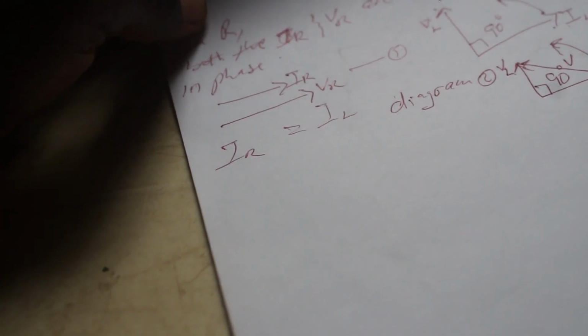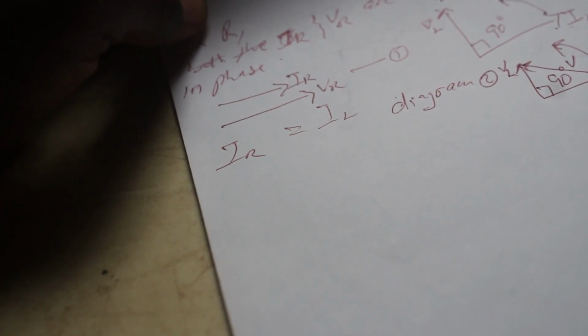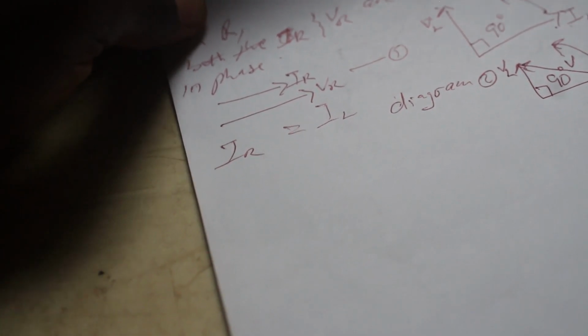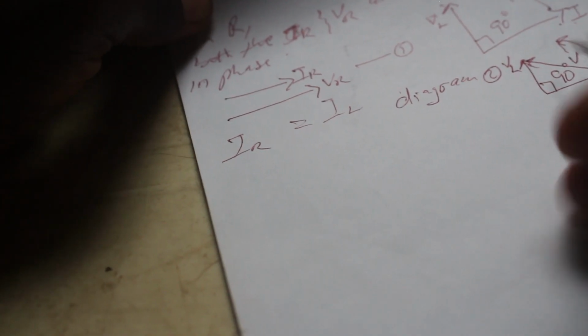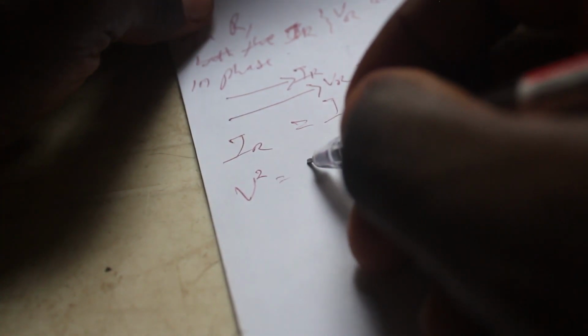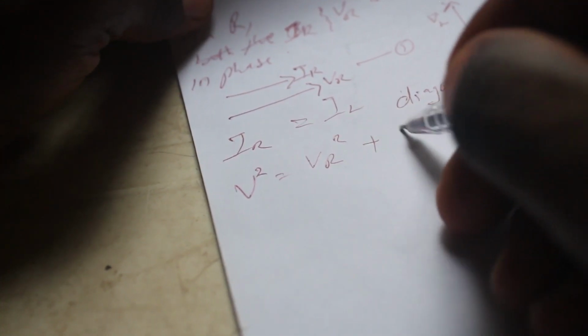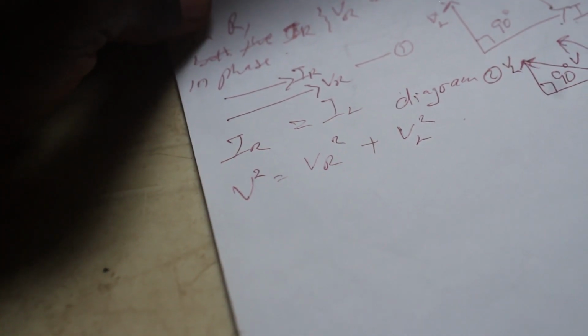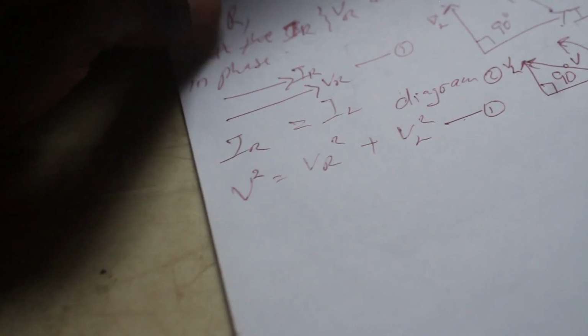Now remember, if you have two vectors that are perpendicular to one another, we find their sum using the Pythagoras theorem. So we have V squared is equal to VR squared plus VL squared. We call this equation 1.